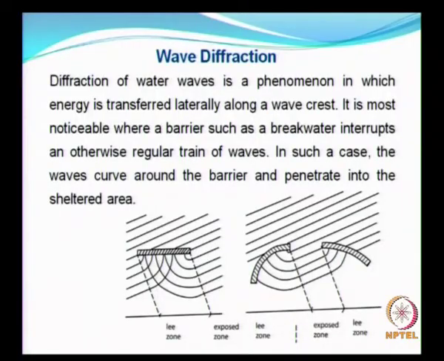So this is the phenomena of diffraction. Now you look at this area, the same phenomena will happen here. So naturally the energy on the lee side of the breakwater will be much less compared to this area, because these are unobstructed areas wherein the magnitude will remain the same, this area too, only here the energy will be less compared to on either side of the barrier.